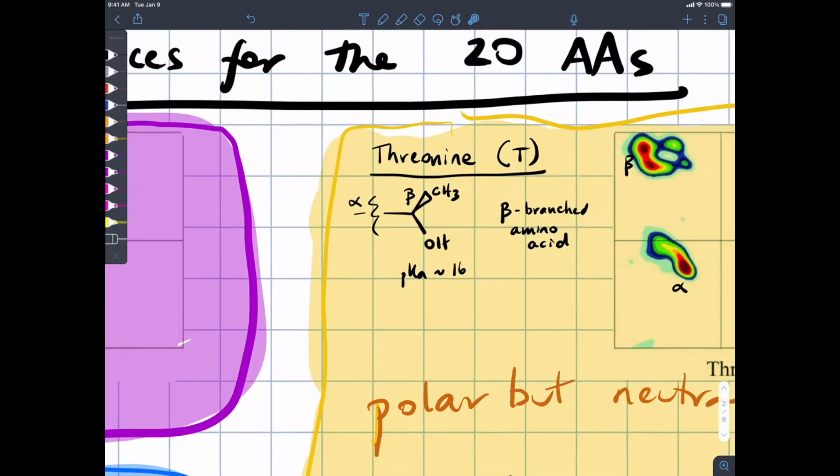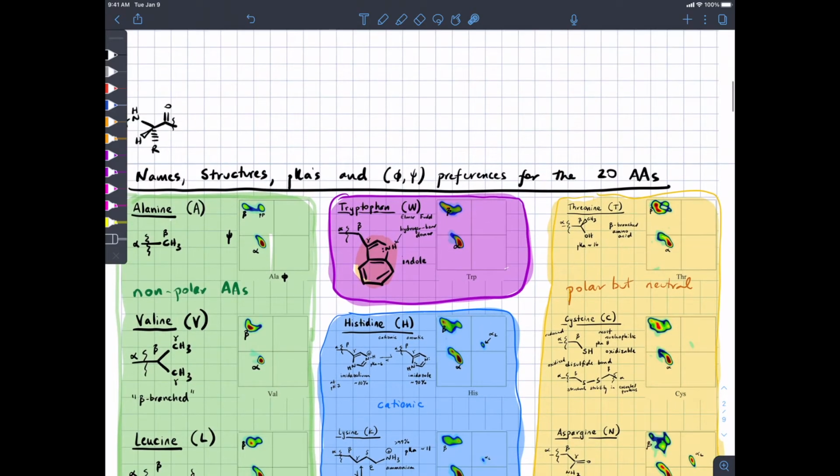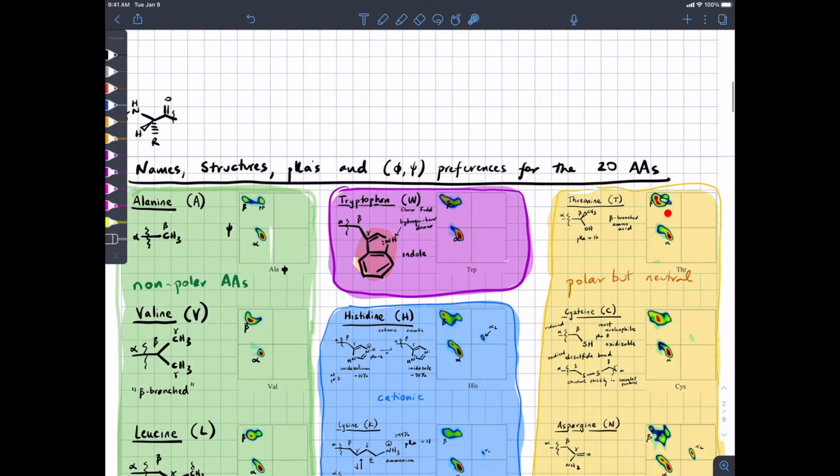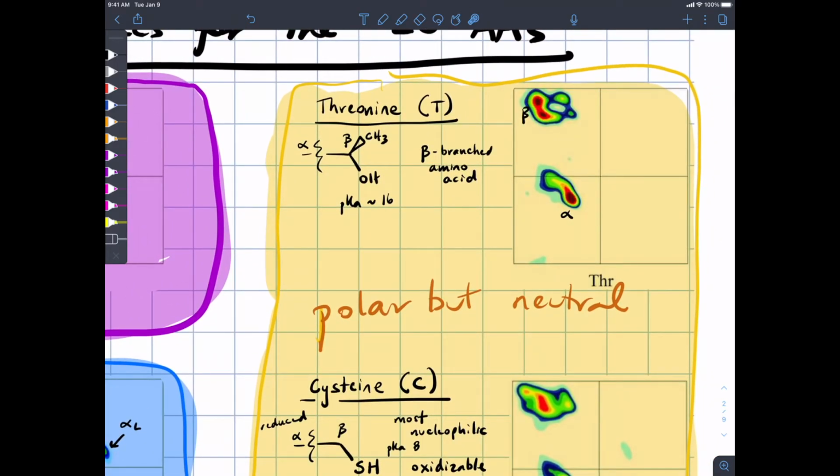If you compare the Ramachandran plot for threonine with that for valine, they are similar. That is, they're both okay in alpha helices, and they're both strongly favored in beta strands. And so you'll frequently find threonine in a beta sheet.